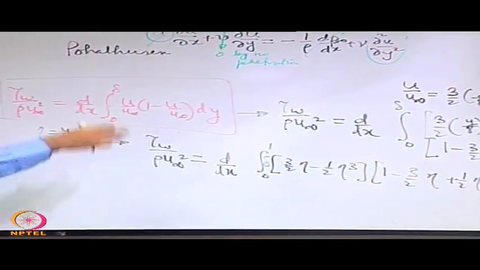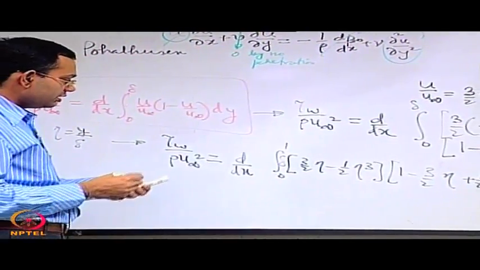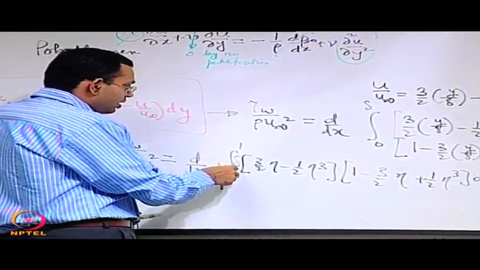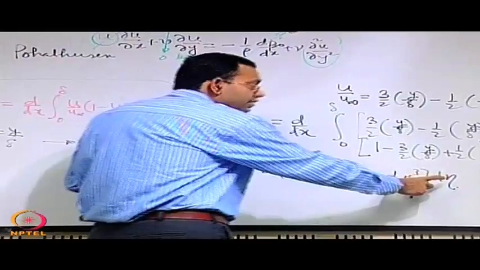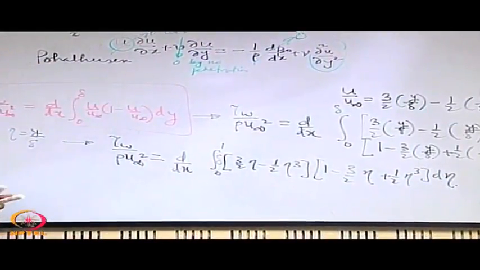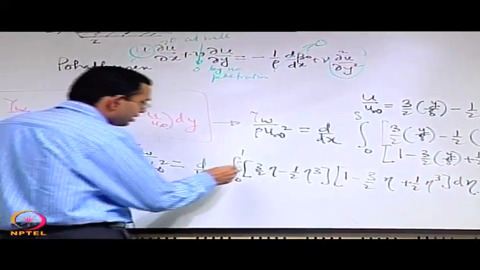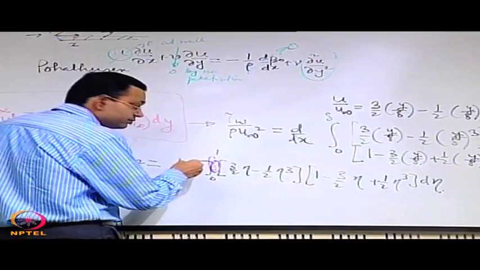So, change of variable is there. Important thing is, first of all this delta is dependent on x, but this integral evaluation is not dependent on delta. So, you can take this delta out of the integral.